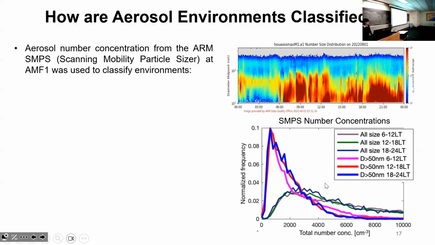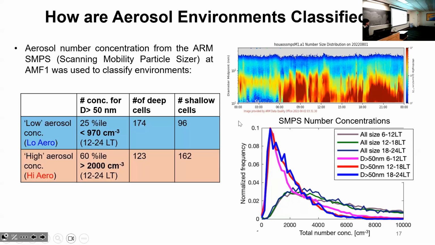Because CCN is contributed by the larger aerosols, I just focus on the larger side here. And also, our convective cells are sampled mostly in the evening and afternoon time. So we focused on the aerosol concentration in the afternoon time.